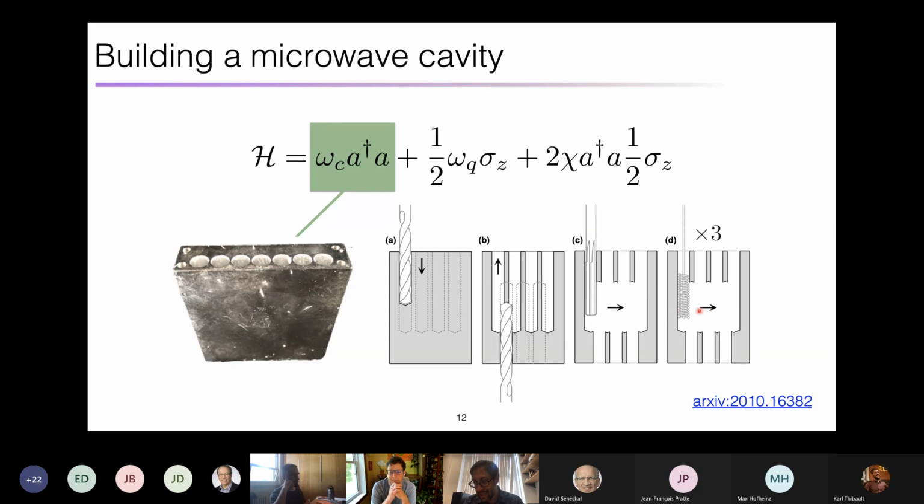Conceptually you can just think of this as a box made out of a single piece of 99.9999% pure aluminum. It's a technique for making a box that has a high Q. Our best Qs are maybe like 100 million or so. I think this one may have been like 60 million.